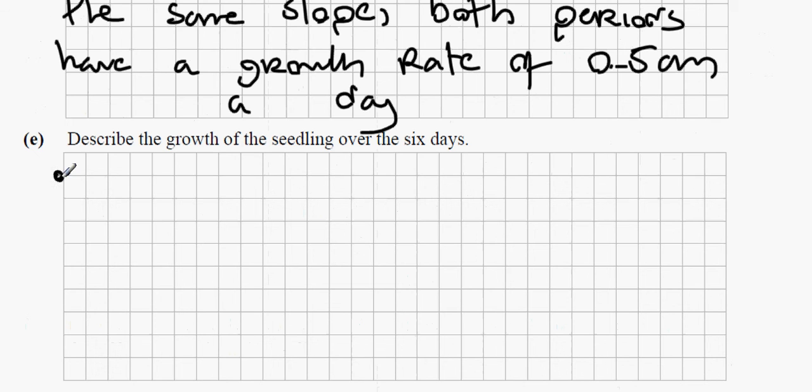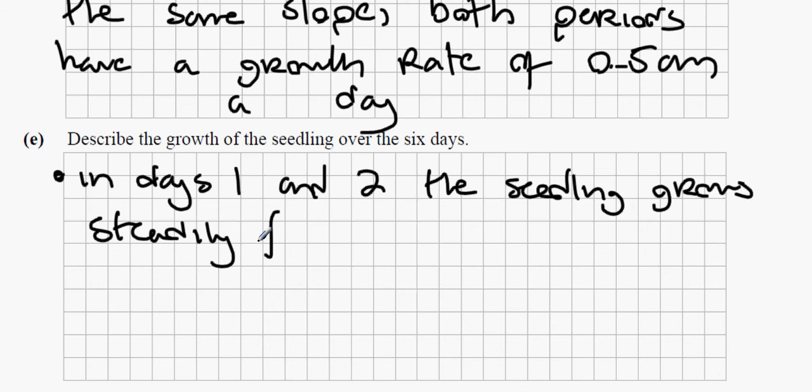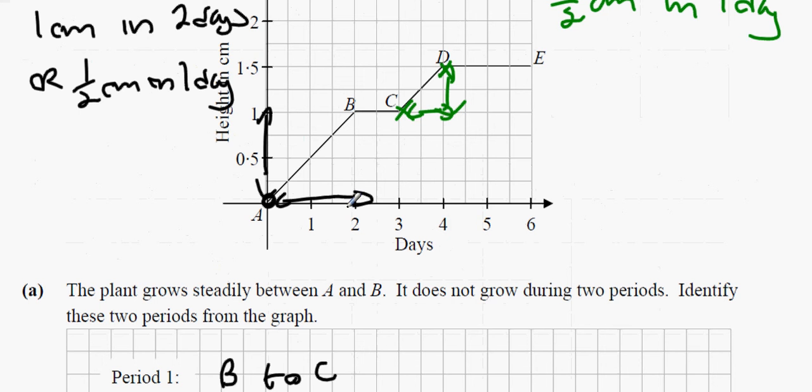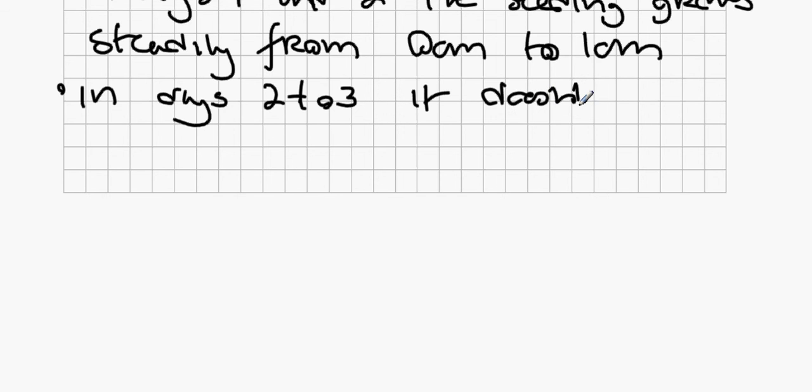In days 1 and 2, the seedling grows steadily from 0 centimeters to 1 centimeter. In days 2 to 3, it doesn't grow at all.